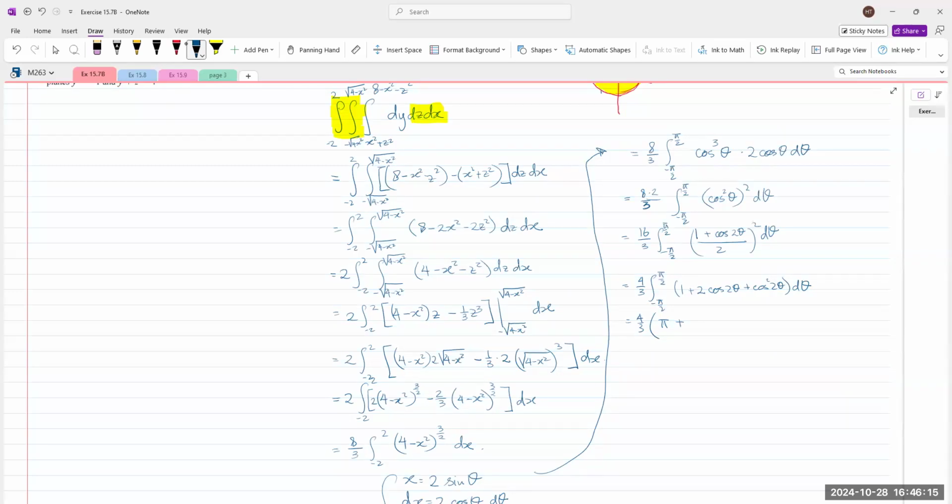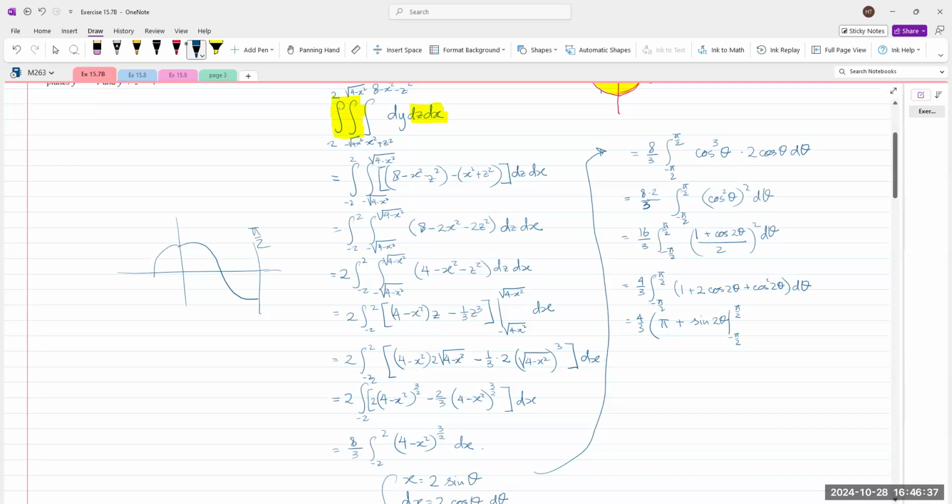That's sine 2 theta from negative pi over 2 to pi over 2. I think that will be 0, huh? If we think about the graph of cosine, this is pi over 2.